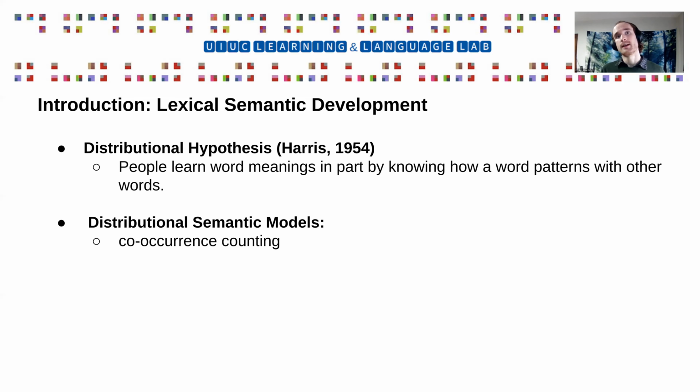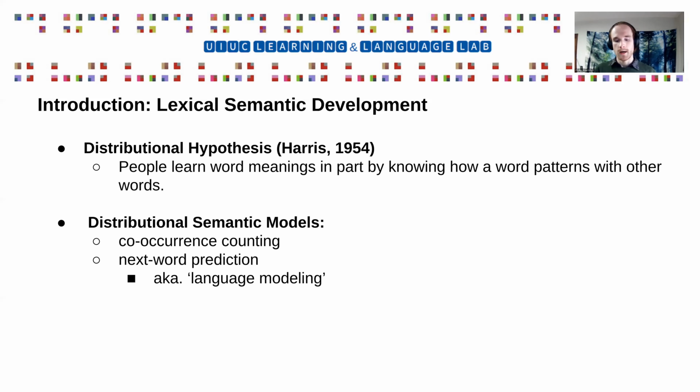You count how many times a particular word co-occurs with another word in some language sample and keep track of it in a big co-occurrence matrix. They can go pretty large. There is another class of models that I argue is, while not traditionally considered to be distributional semantic models, they can be used as such.